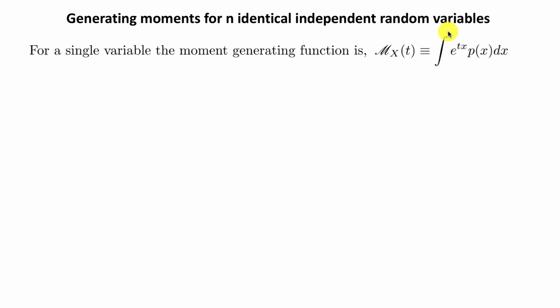If you were doing this for a discrete random variable, all you would do is replace the integration by a summation. Obviously, if you put t equal to 0, then you get 1.